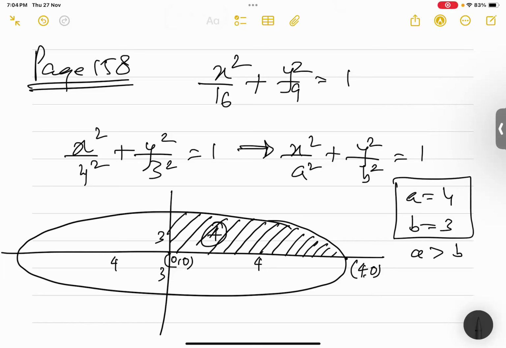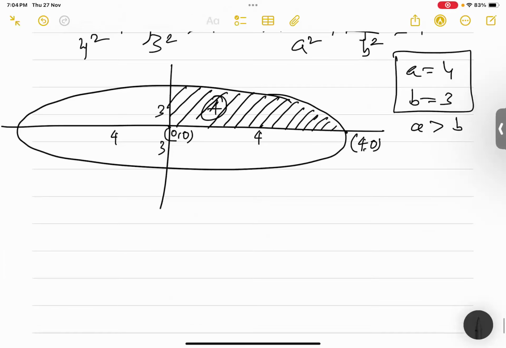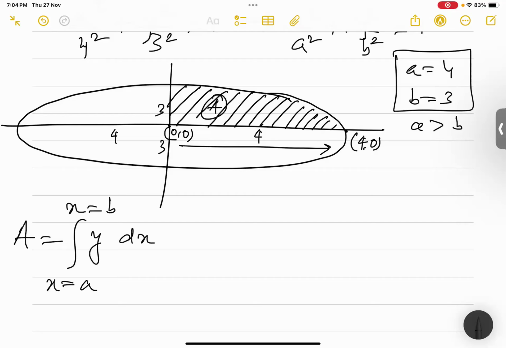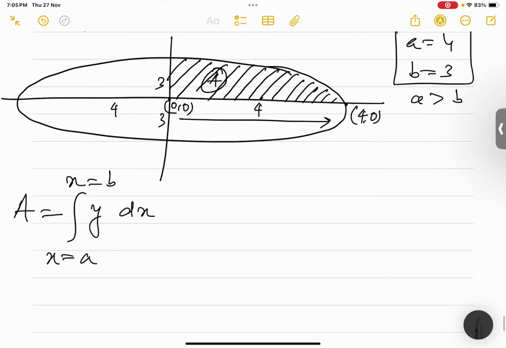Yeah, I believe everyone has copied this. We are traversing along the x-axis from here to here. X is equal to a, x is equal to b, y dx. X is equal to 0, x is equal to 4, y dx.